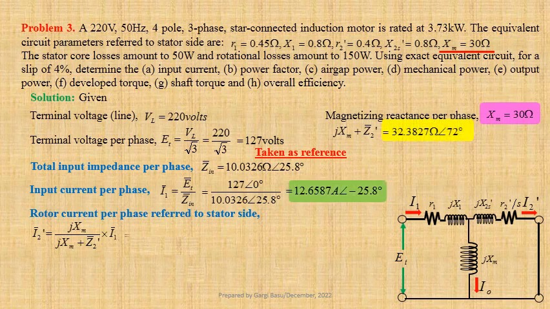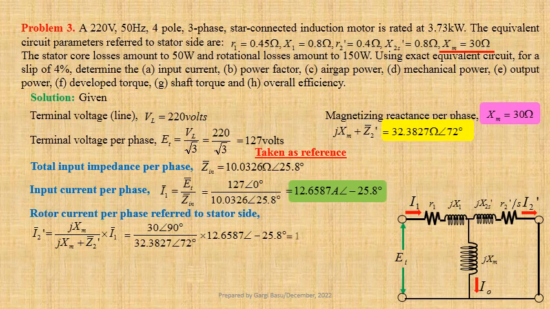Therefore, I2' equals 30 at an angle 90 degree divided by 32.3827 at an angle 72 degree into 12.6587 at an angle minus 25.8 degree.